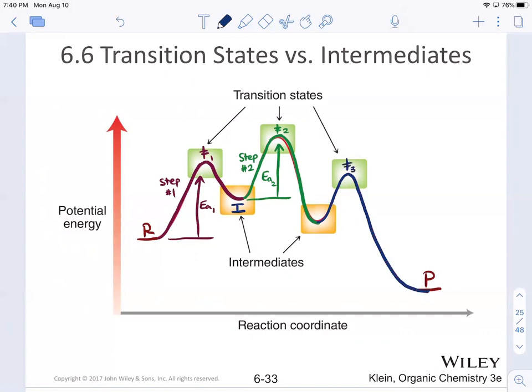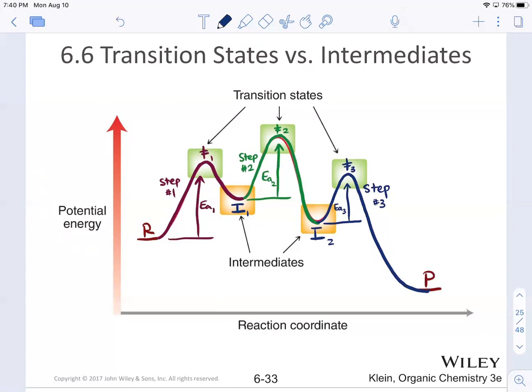We'll call this step 3, this final step. It also has an activation energy, right? And it comes from an intermediate and goes to a product. So there are 2 intermediates here, 3 steps or 3 transition states, reactants, and products.